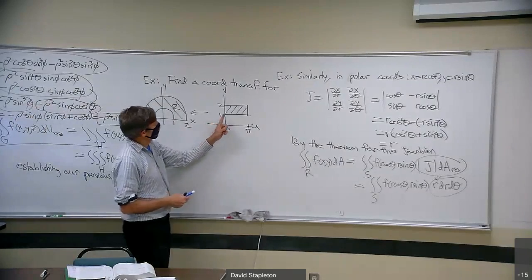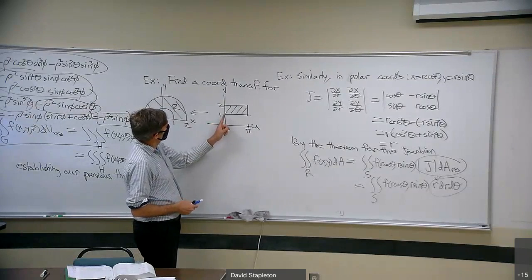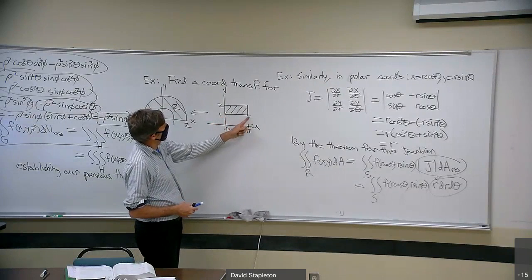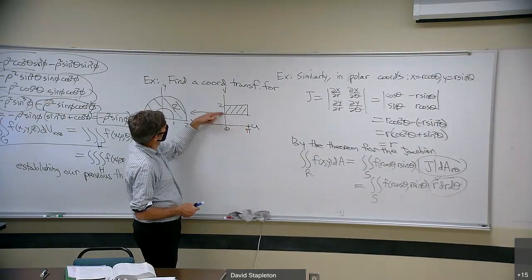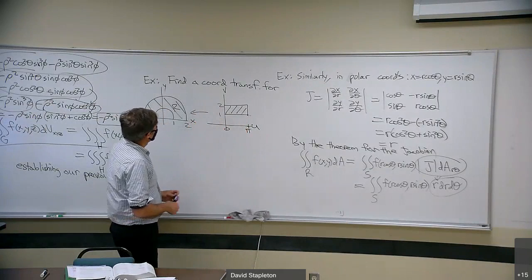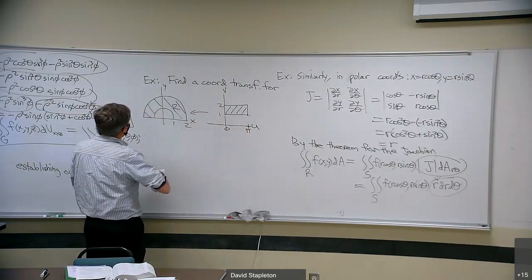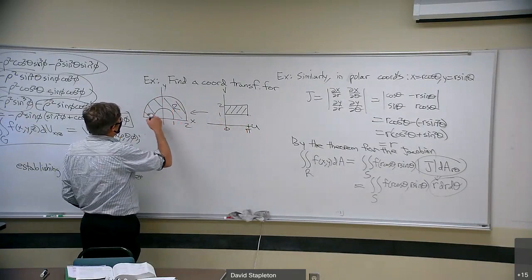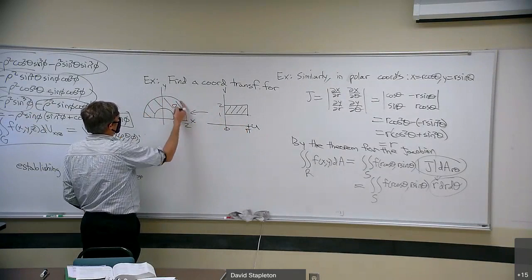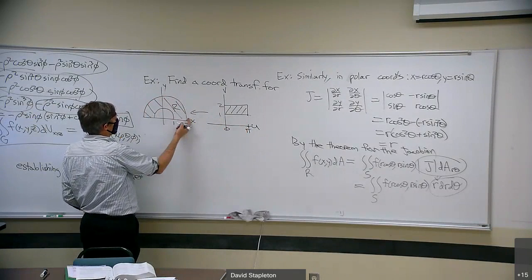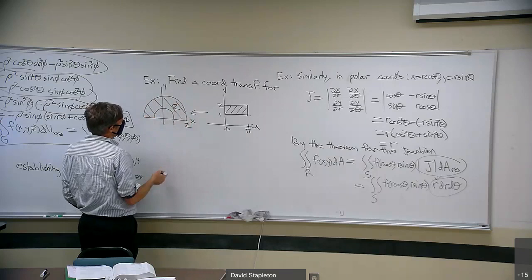Here, I'm going to have u going between the constant 0 and the constant pi, v going between the constant 1 and the constant 2. What I really want is for each boundary here to transform to a constant. Well, this is a constant radius. If I think of that as an arc of a circle, right? That's the idea, this is the arc of a circle.